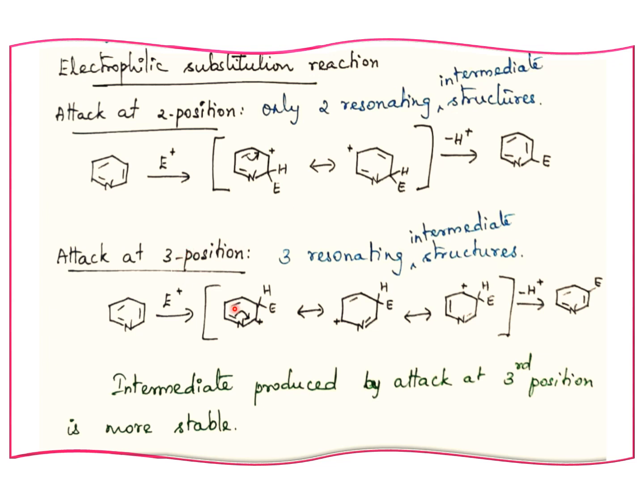But when the electrophile attacks at the third position, we have 3 resonating intermediate structures. So the electrophilic attack at the third position is more stable. So substitution at the third position is more stable than the second position substituent.